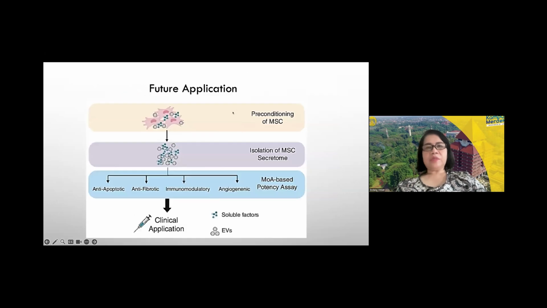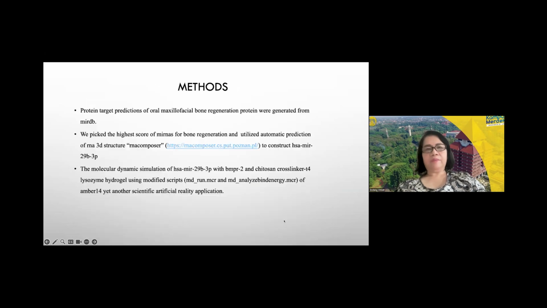For future application, after we precondition the culture of mesenchymal stem cells, we can collect the secretome, and then make specific clinical applications such as anti-apoptotic, anti-fibrotic, immunomodulatory, or angiogenic, as I mentioned before.